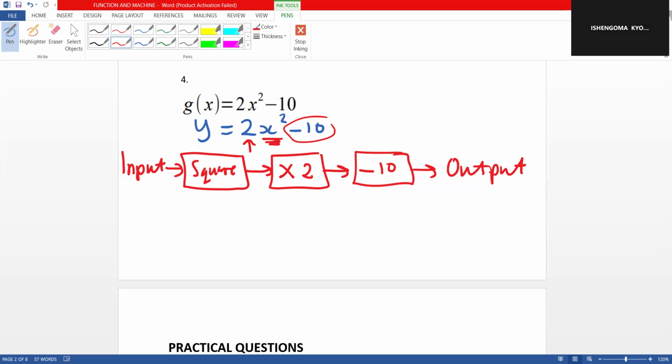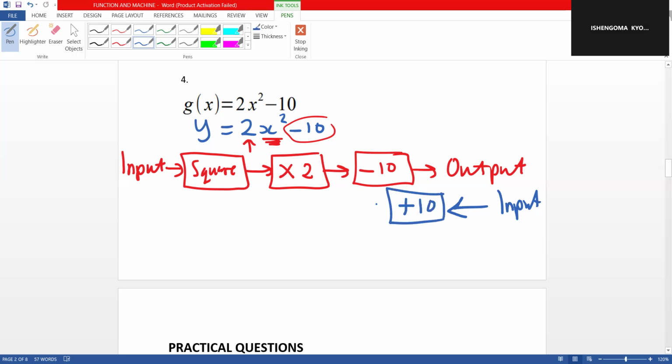Remember, if I want the reverse of a function machine, then I have to start from the back. What is the last? I call it the input. Then I go backward. What was done last, I do the opposite. Since it was subtract 10, I will plus 10.